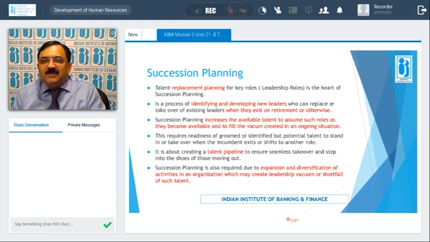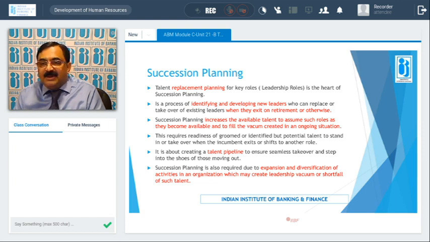Succession planning is also known as talent replacement planning, because what happens is in an ongoing situation, the talent may leave before the scheduled date of leaving through attrition.